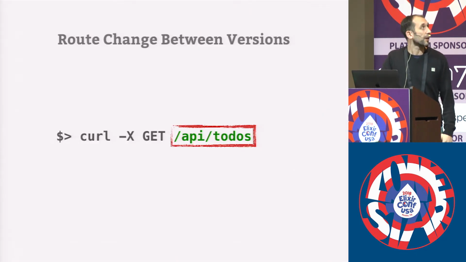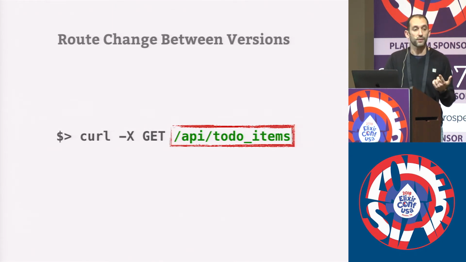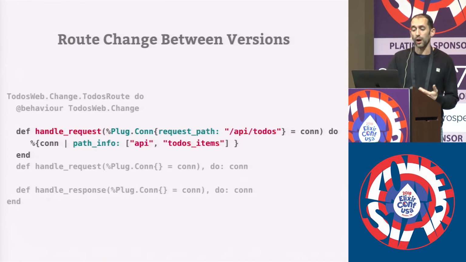So the first example is, let's say we are changing a route between versions. We had this endpoint to get a list of to-do items, and we want to change that endpoint from /todos to /to-do items. We can use our change behavior. We can implement that and change the request. This will pattern match on the old route. So it's pattern matching on API to-dos.